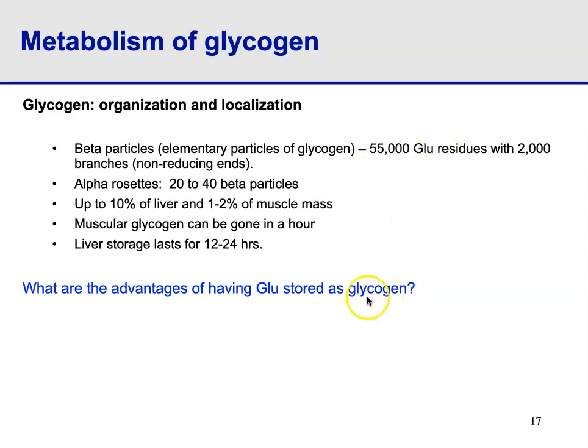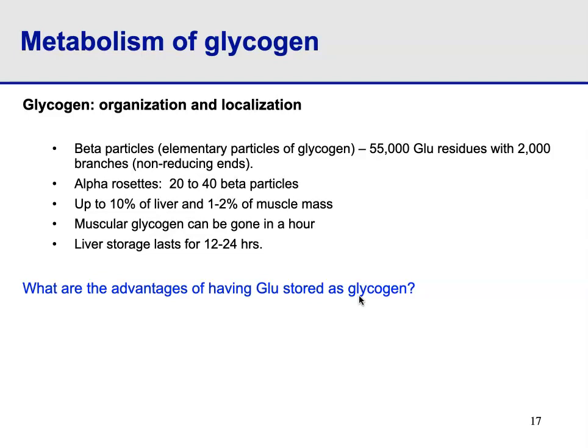Another thing is, like I said, the cell will invest or spend ATP to polymerize glucose into glycogen. When does that happen? Glycogen is synthesized as a deposit or storage molecule when we have plenty of ATP. That happens during a time of plenty. When do we use glycogen? During a time of need.